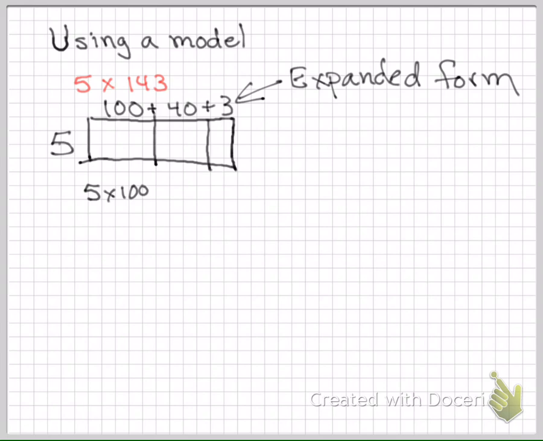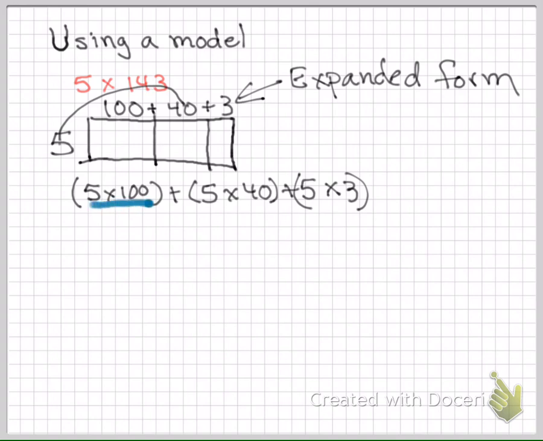The next one we'll have is 5 times 40. And the last one we have is 5 times 3. Now, so that you can see it better, let's do some coloring. Do some coloring here. All right, so the 5 times 100 is this box right here.